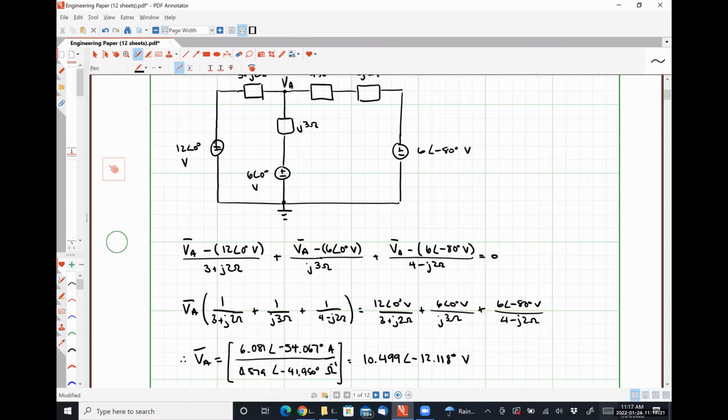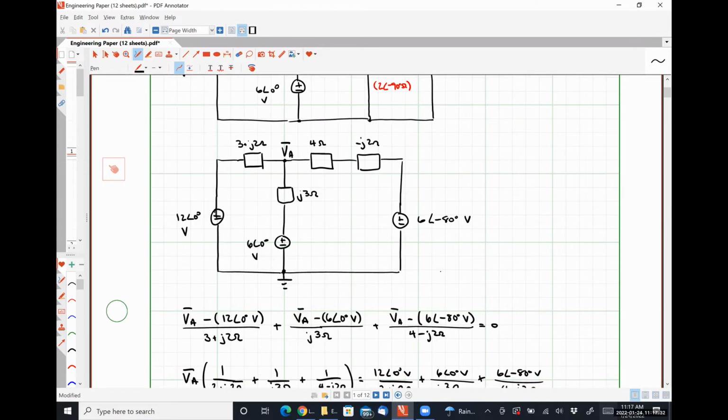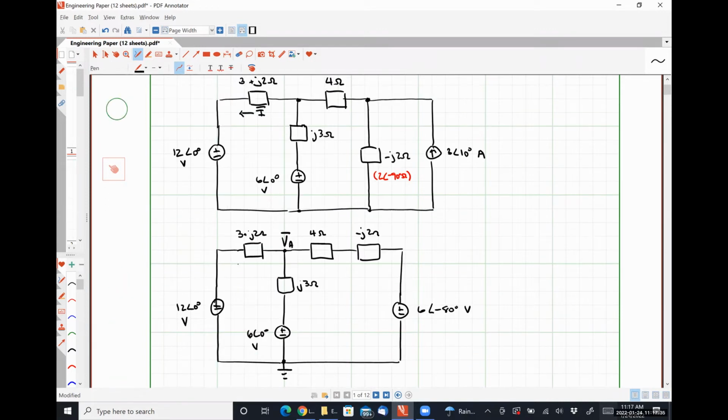So if this voltage VA is correct, how do I determine my current I that I'm interested in, which I guess I should draw here real quick.